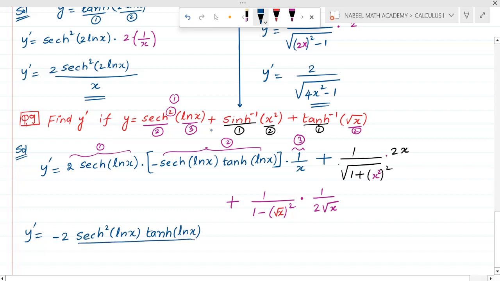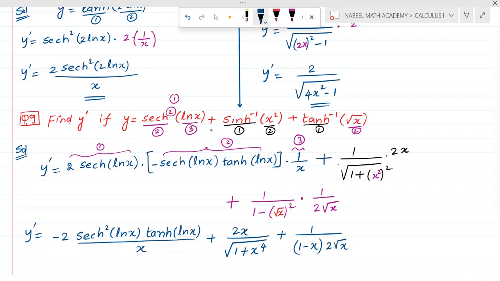Plus 2x over square root of 1 plus x to the power 4. Then plus 1 over 1 minus x, root and square get cancelled. You will get 1 over (1 minus x) times 2 root x. So this is the simplified answer for this question.